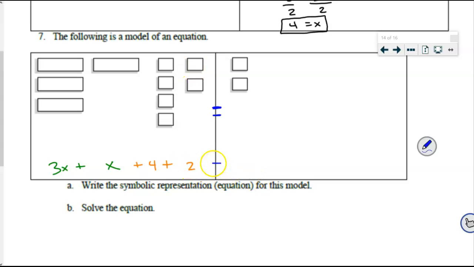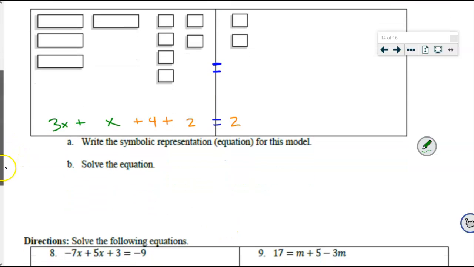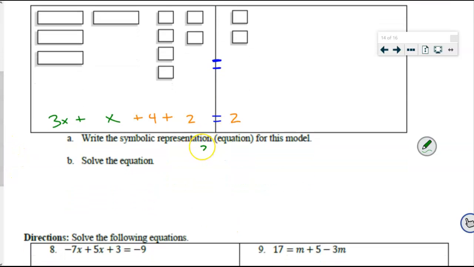All of that is equal to 2 positive unit tiles. So the symbolic representation is 3x plus x plus 4 plus 2 is equal to 2.